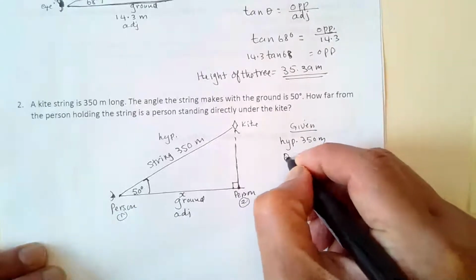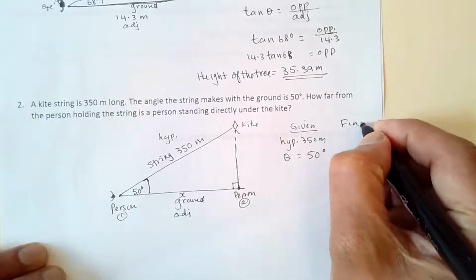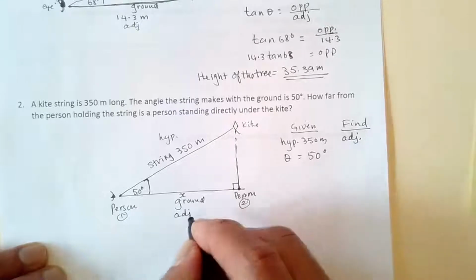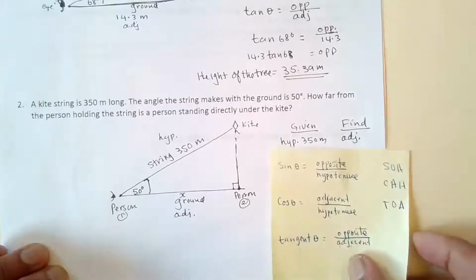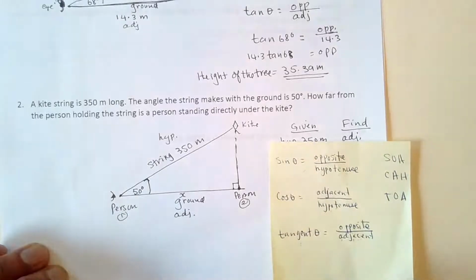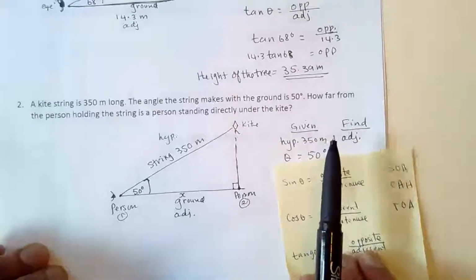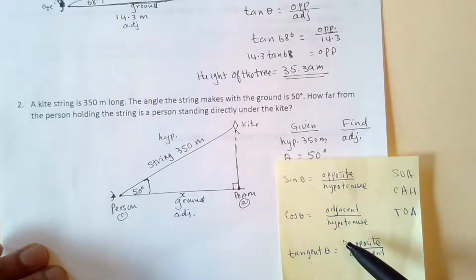We are given theta, 50 degrees, and we are asked to find the adjacent side. So we refer to our trig ratios again, and where we find a match, hypotenuse and adjacent, will be cosine.